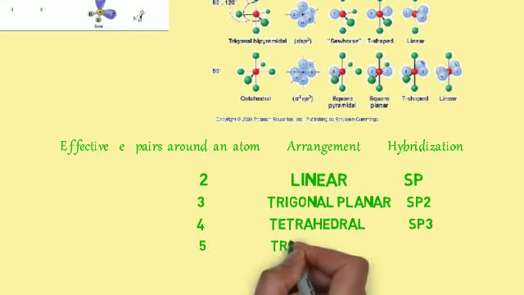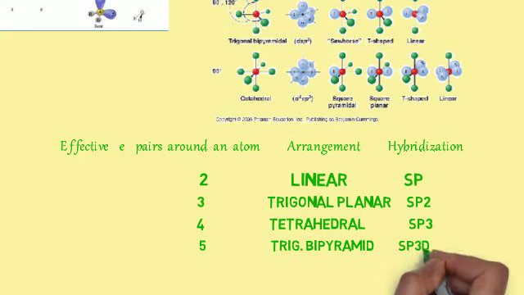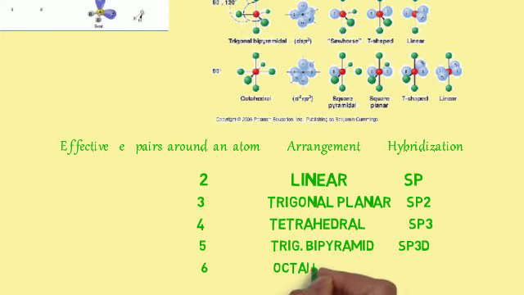If there are 5, it is trigonal bipyramidal, and that is sp3d. These are things you did not learn last year. And you can even have 6. Remember, these are things that can accept more than 8. This is octahedral, and this is sp3d2.